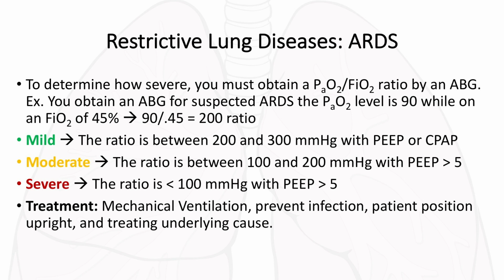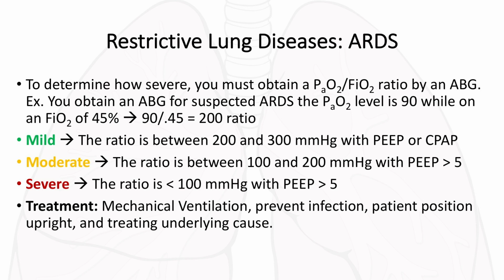To determine how severe, you must obtain a PaO2 to FiO2 ratio by using an arterial blood gas. So, for example, you obtain an ABG for suspected ARDS, and the PaO2 level on the ABG is 90, while the patient is on 45% FiO2. So 90 divided by 0.45, since this is a percentage, equals 200.